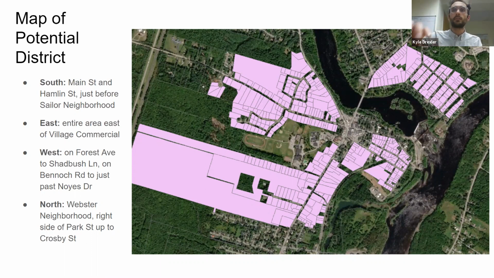So you have the overlay district going south to about Hamlin Street, just before Sailor neighborhood. You have east of the Village Commercial, you have west going up Forest Ave to Shadbush Lane, and on Bennoch to Noyes Drive, and then north into the Webster neighborhood.